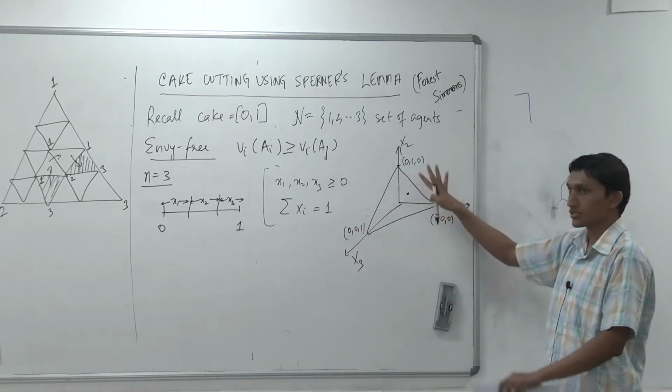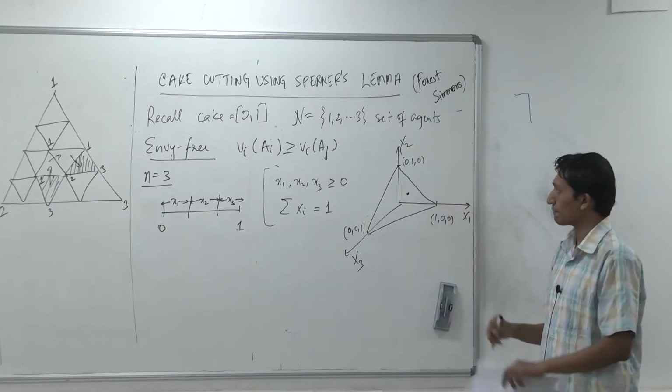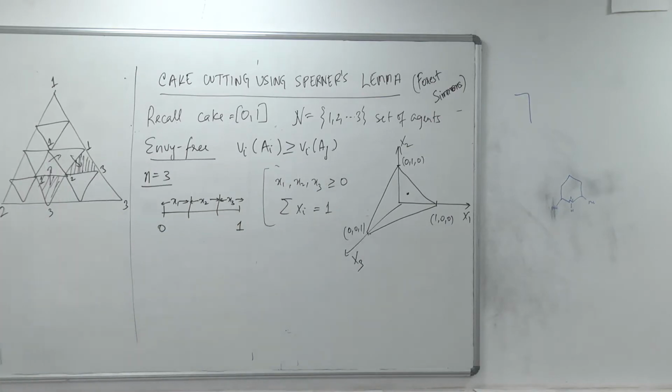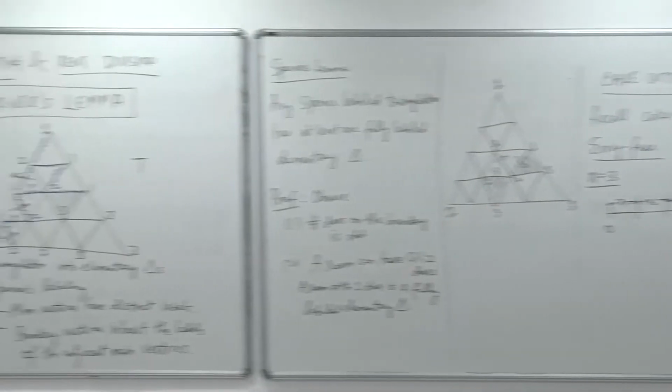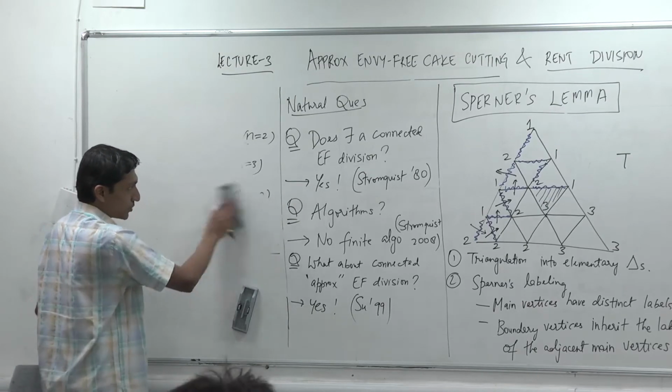This completely captures the space of all the cuts that we're working with. So although that figure that I drew is in 3 dimensions, the space of cuts is actually just a 2-dimensional object.